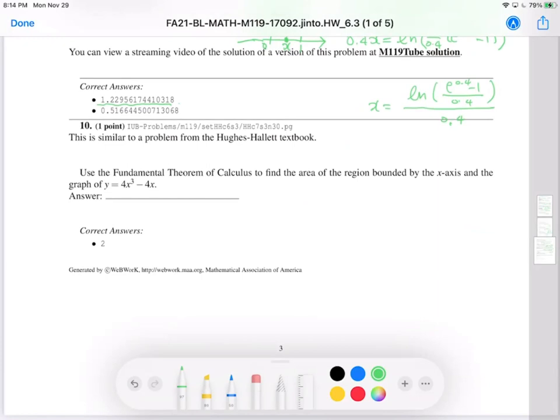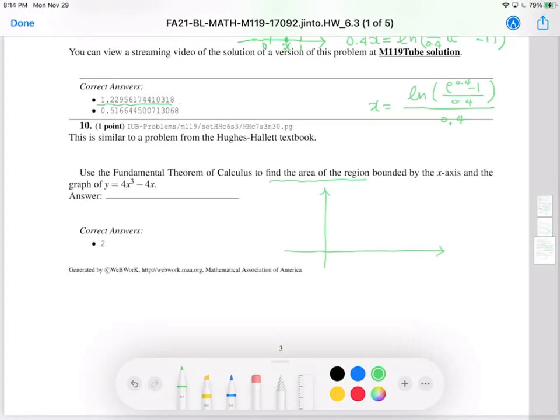Area bounded by the x-axis and the graph. Okay, so in this case, I'm going to sketch the graph. Bounded by the x-axis.